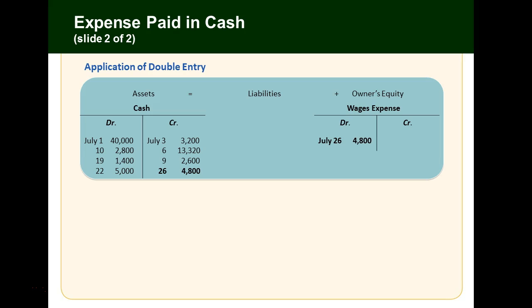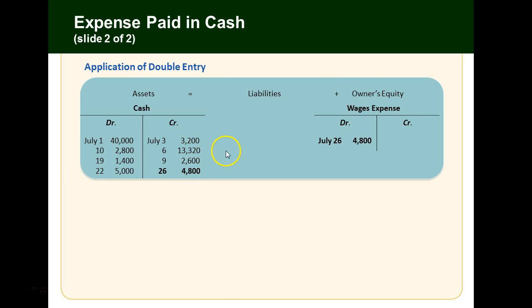But our owner's equity section is also getting decreased because we're paying an expense. But our wage expense goes up. Whenever we pay out a wage, what happens? Owner's equity ultimately goes down. So do you see our assets went down $4,800 and our owner's equity also went down $4,800?